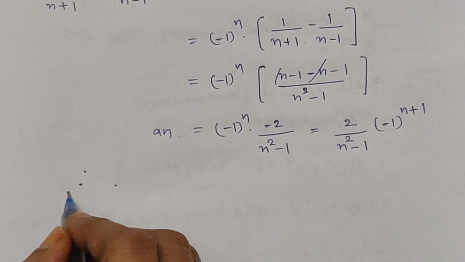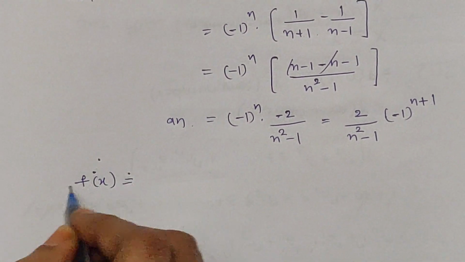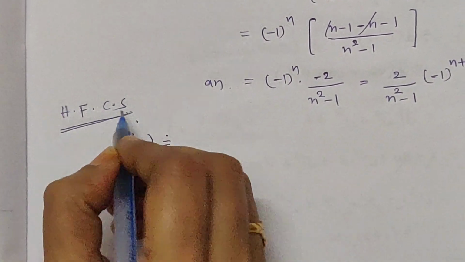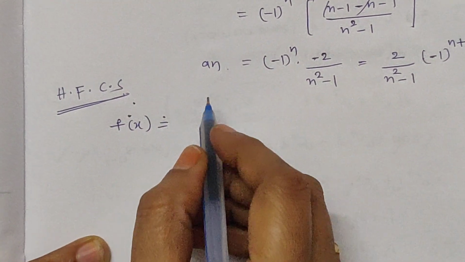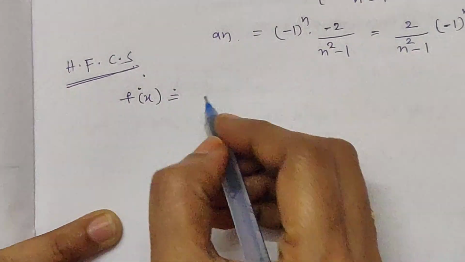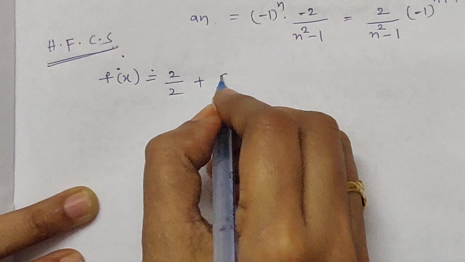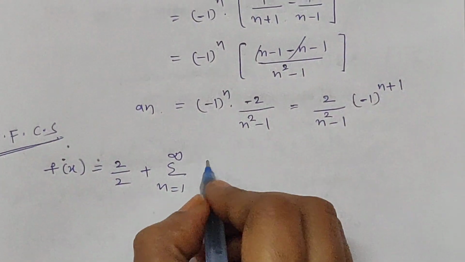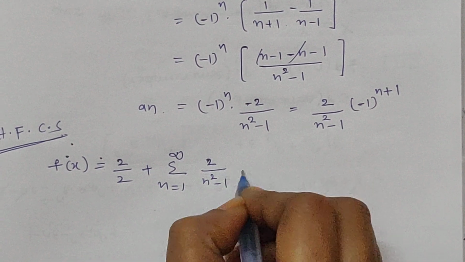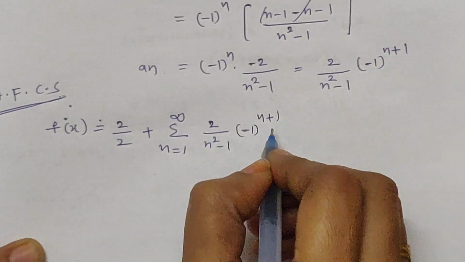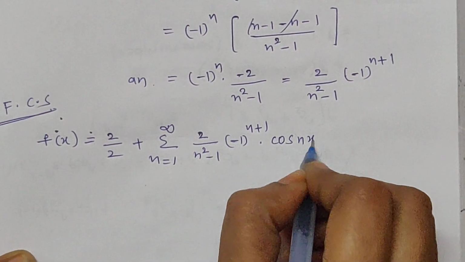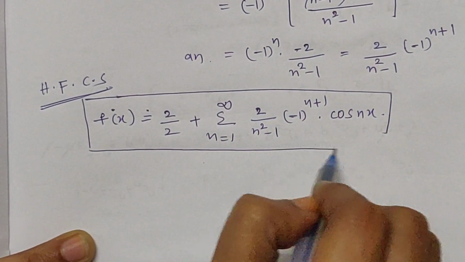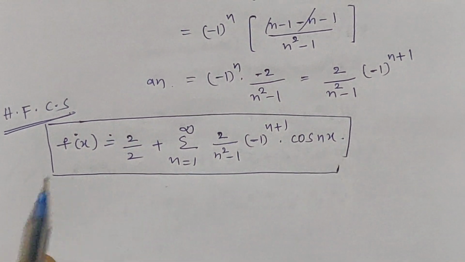Therefore, f of x equals the half-range Fourier cosine series, f of x equal to a naught by 2 plus sigma n equal to 1 to infinity an, that is 2 by n square minus 1 into (-1)^(n+1) into cos nx. This is the half range Fourier cosine series for the function x sin x.